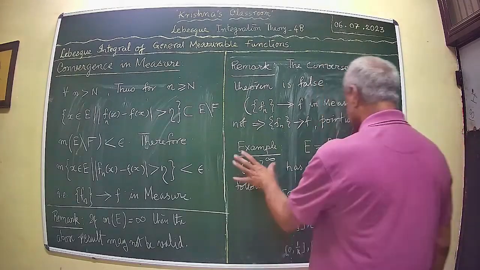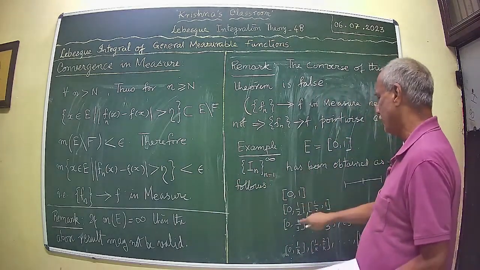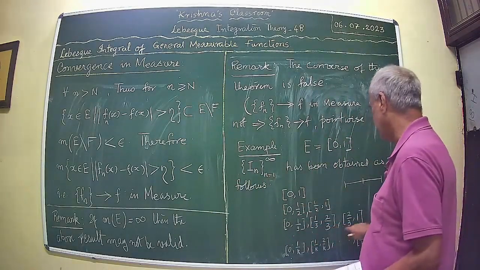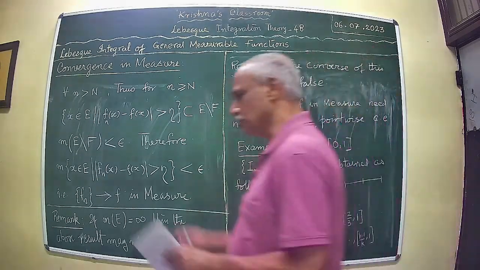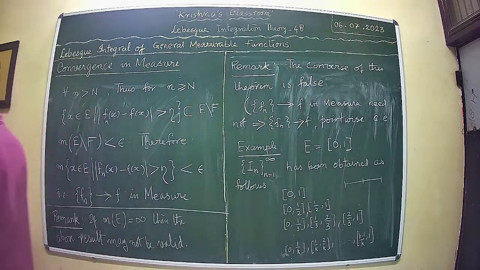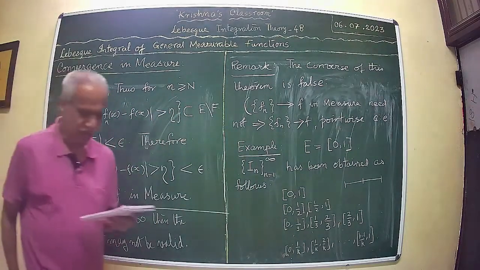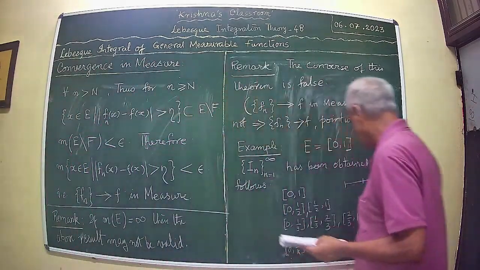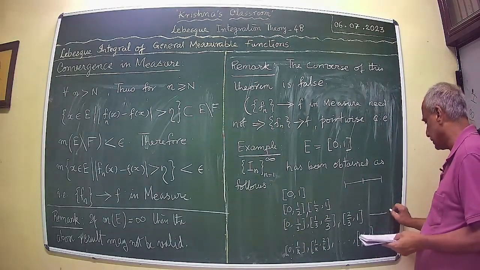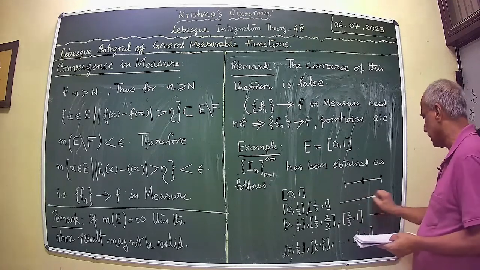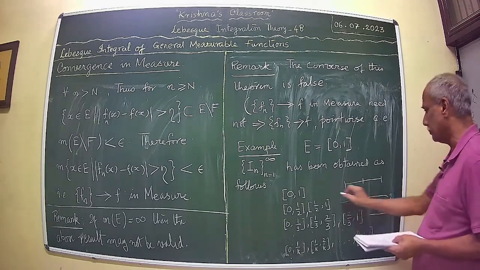So the In are going to be I1, I2, I3, I4, I5, I6, I7, I8, and so on. You choose in that order. So this is the kth step. This is the third step. This is the second step.